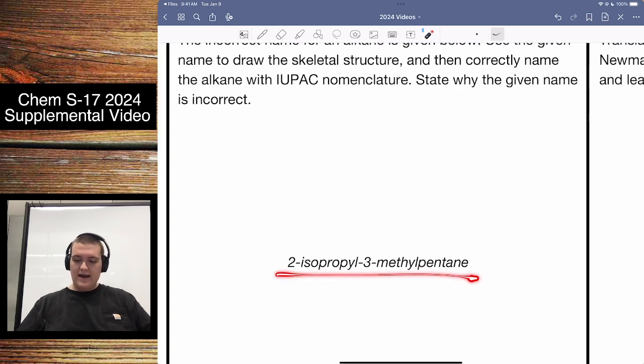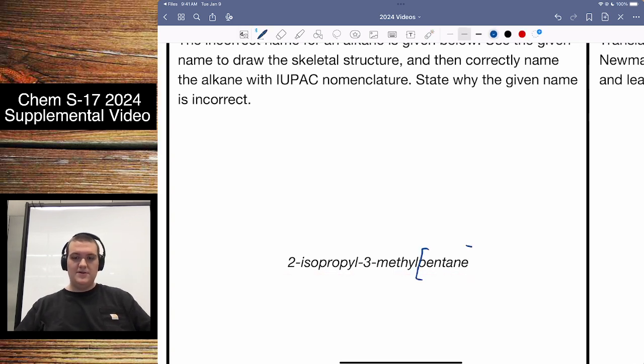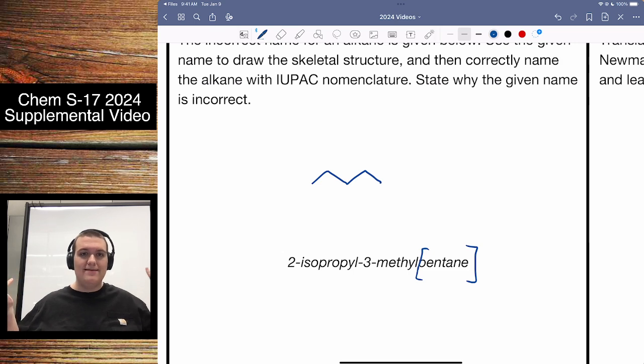So the first thing to look at is the parent chain. And it's going to be a pentane here based on what they've said. So we're going to draw 1, 2, 3, 4, 5 carbons. We have our pentane backbone. Now, when they've given you a name, you don't have to decide which way to start numbering. Either way, you're going to get the thing that they want you to get.